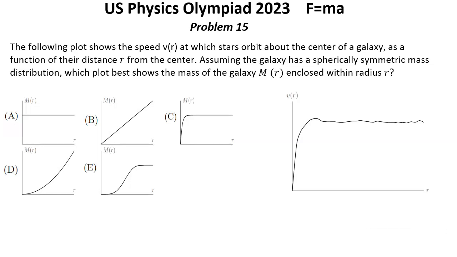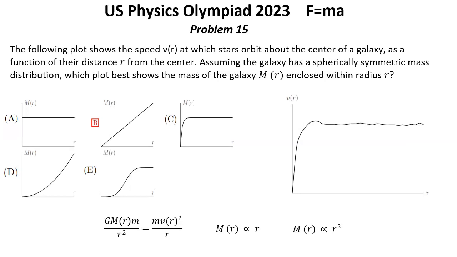Solution for problem 15. The graph shows that rotational speed becomes roughly constant once a certain distance from the center of the galaxy, but the rotational speed is governed by this equation. Then we must have a linear dependency of mass on distance r to keep v constant, which corresponds to choice B. Choice D does not match this behavior because it is more like parabolic for big r.